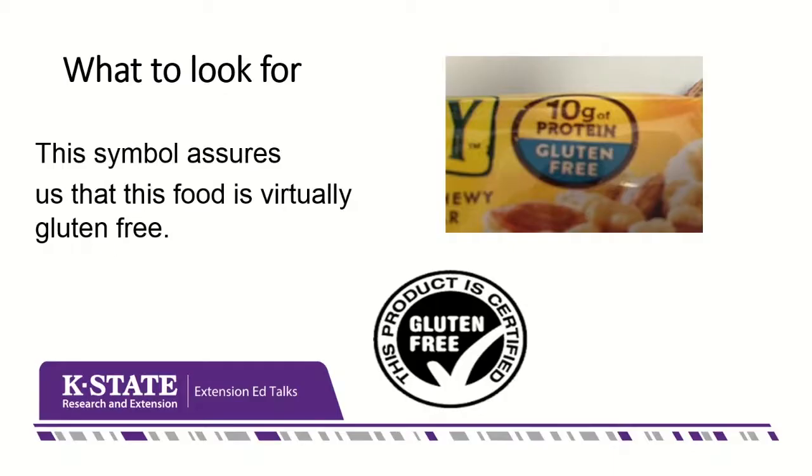The gluten-free symbol can look different on a lot of packages. It could say just gluten-free, without gluten, or no gluten, like what we talked about in the beginning of the program.